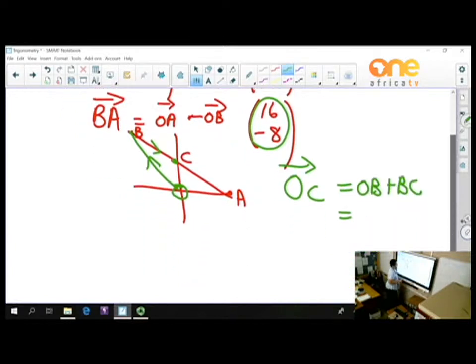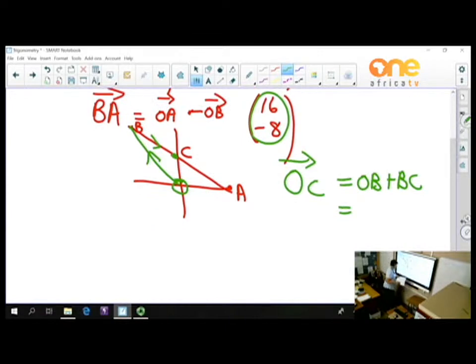So what is OB? OB is the column vector of B, which is then (-6, 8). And then BC, which is a half of this one, will then be (8, -4). And then you can get the column vector of (2, 4). So the sketch will help you here to do that sum.